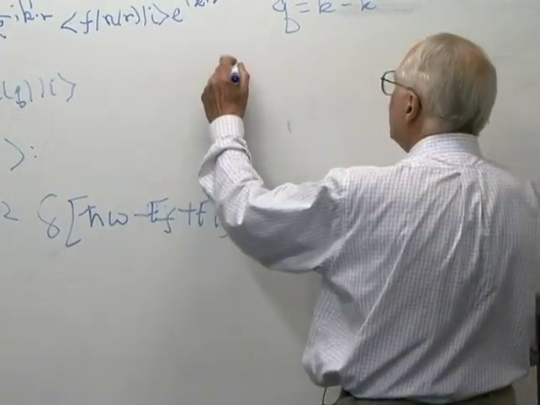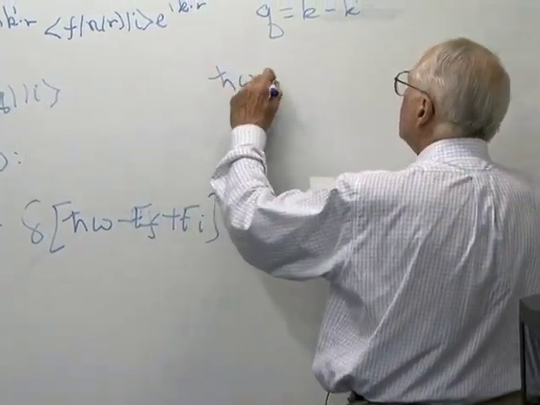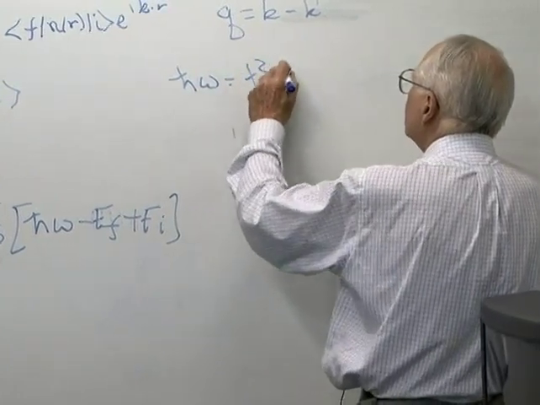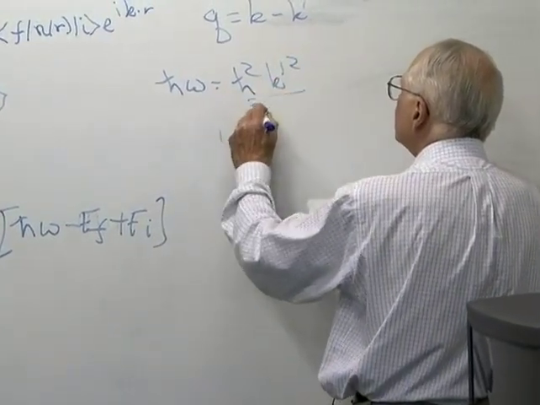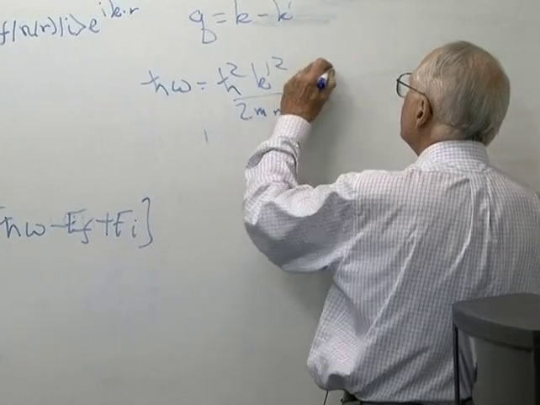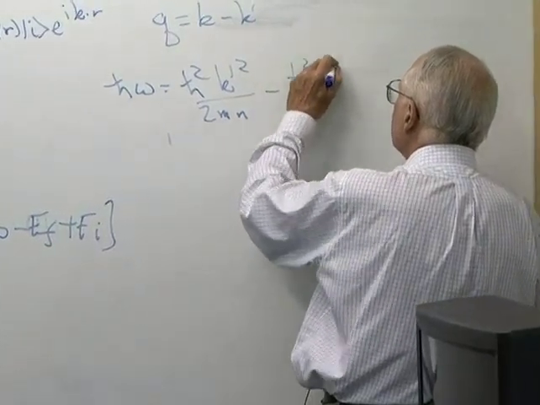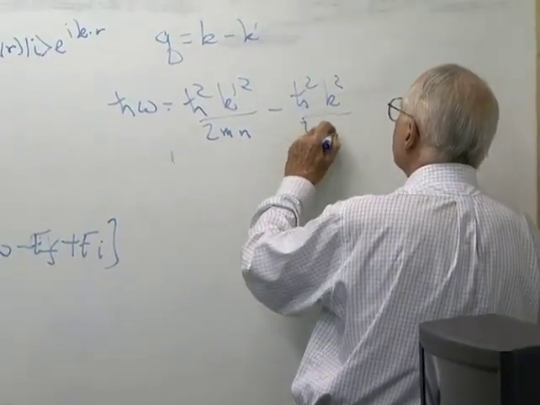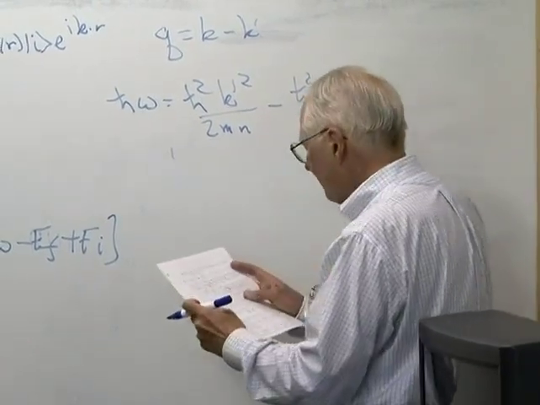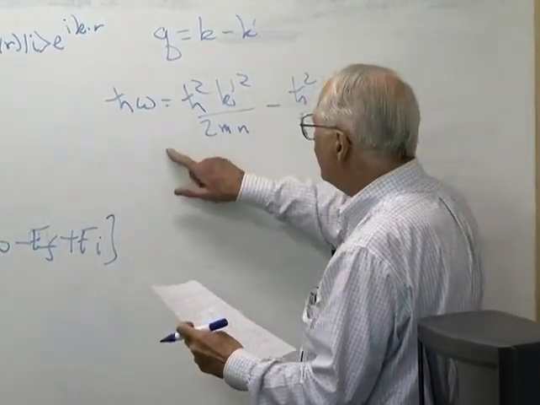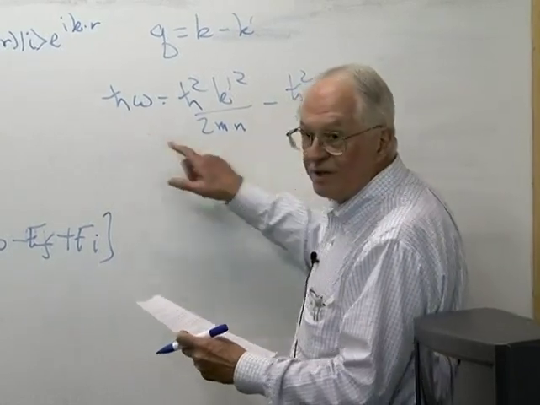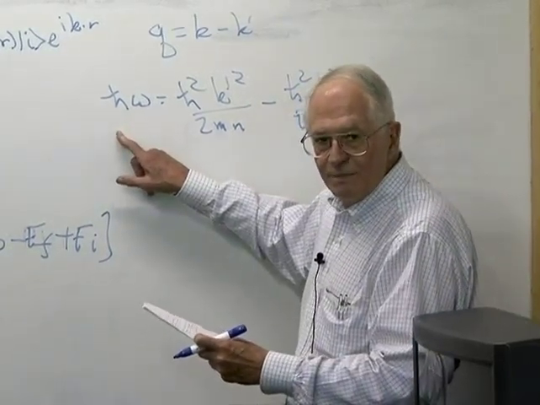And so h bar omega is just h bar squared k prime squared over twice the mass of the neutron minus h bar squared k squared over twice the mass of the neutron. And this is the energy that's lost by the neutron, or the energy that's gained by the target.